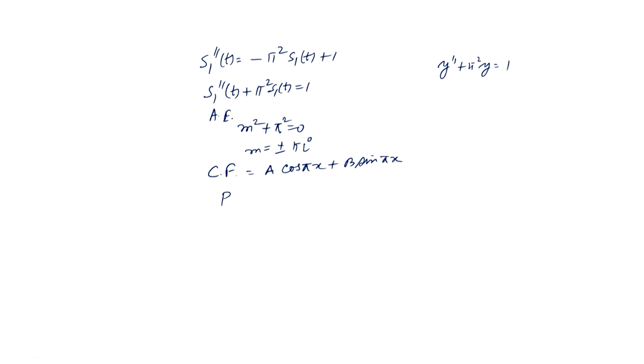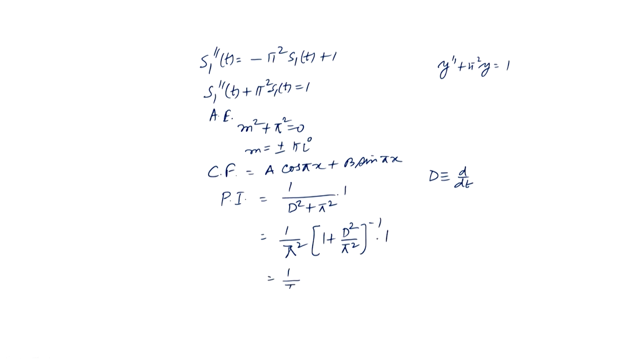Let us find the particular integral. We can find it by 1 over D square plus pi square operating on 1, where D is d over dt. So, I can write it as 1 over pi square times 1 plus D square over pi square, whole inverse, operating on 1.